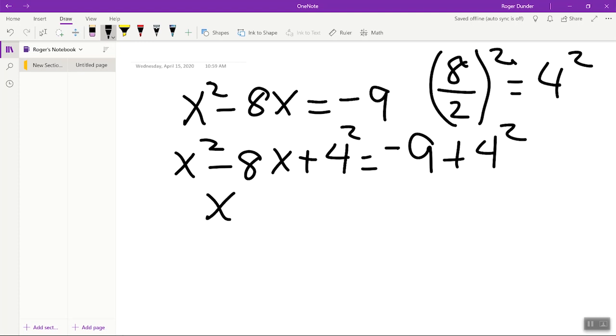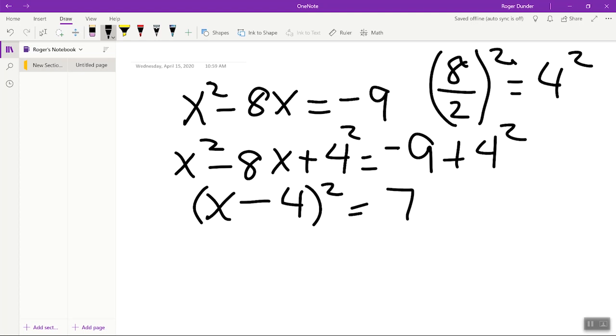It'll factor as x plus or minus, is it a plus or minus? Think. x minus 4 quantity squared is equal to negative 9 plus 16. Negative 9 plus 16 is 7. So 7 is what we have on the right.